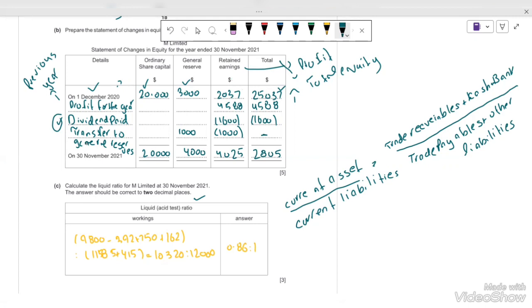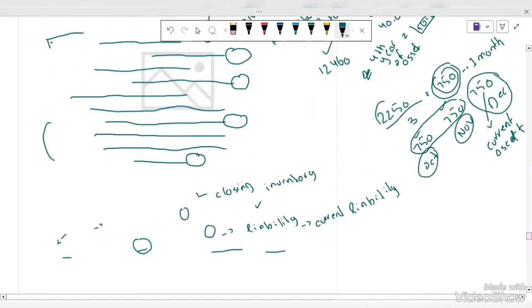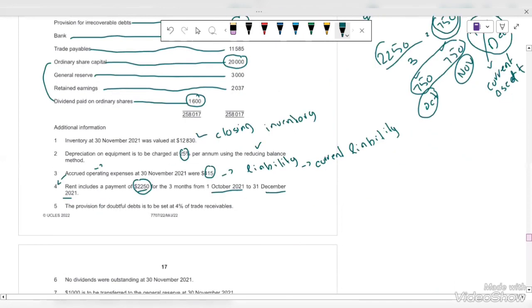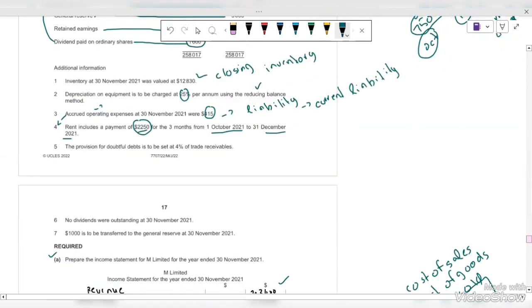Okay, so there is an amount related to general reserve. We have seen a transaction related to general reserves, a transfer to general reserves of 1,000. So here you can see some amount from the retained earnings we just transferred to the general reserve, which was 1,000 at 30th November 2021.